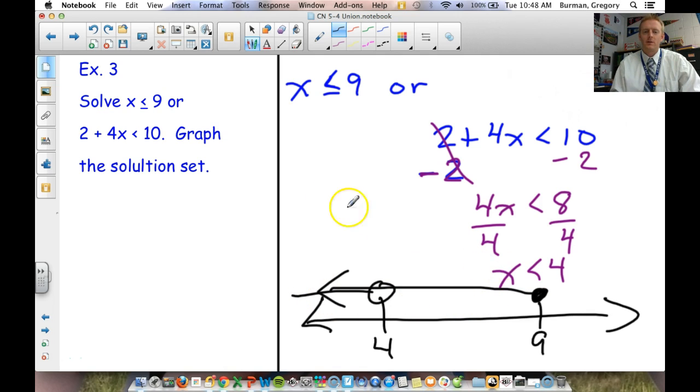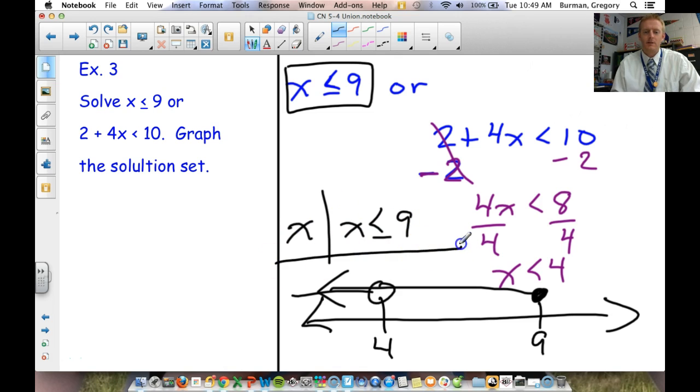So all of our solutions have to be less than or equal to 9. So that includes 9, 8, 7, 6, 5, and all the way down into negative infinity. That is our specific solution. So in that beautiful notation, we would say x, where x is less than or equal to 9. This is what your book always shows for answers.